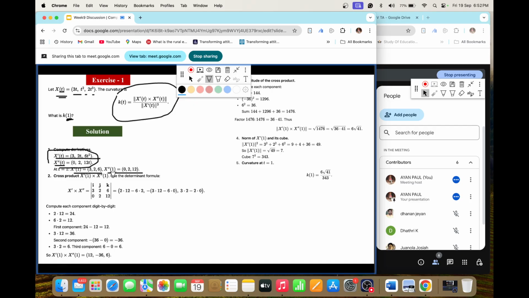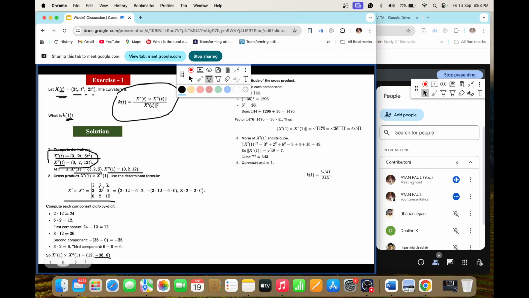For the numerator, first we have to find this cross product, and then we have to take the mod of it. So just do the cross product. Write i, j, k, then 3, 6 and 0, 12, and just do the cross product, and you will get this equation: 12, minus 36 and 6.